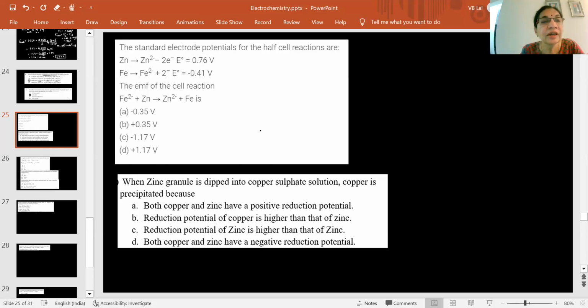There is a little error; it should be Zn2 plus and Fe2 plus. Let me see if somebody can answer this.